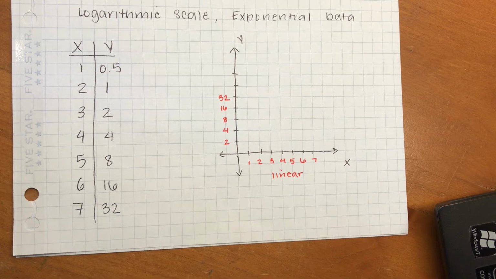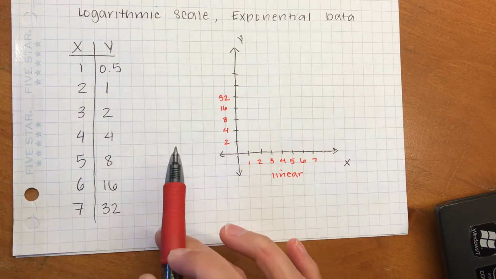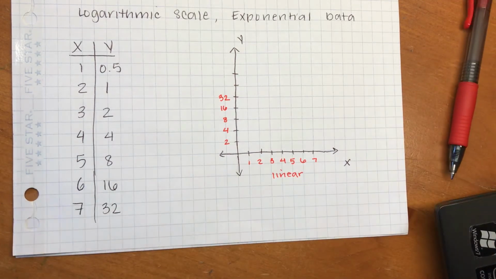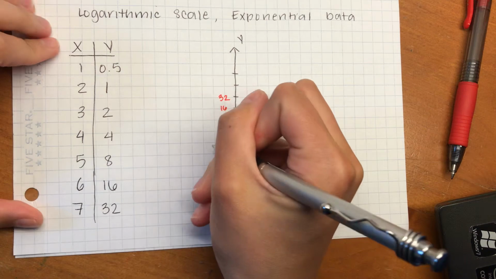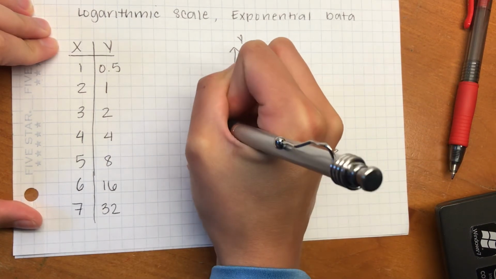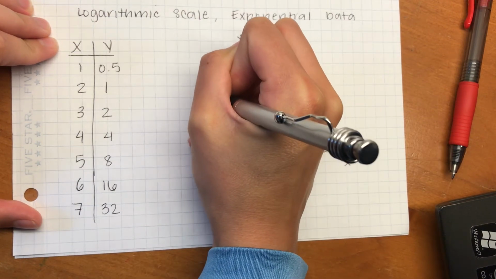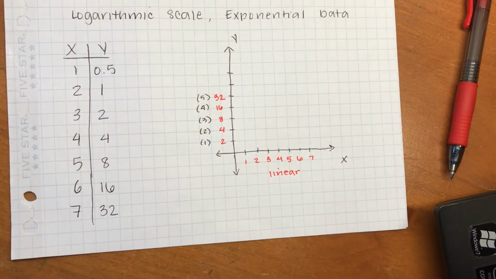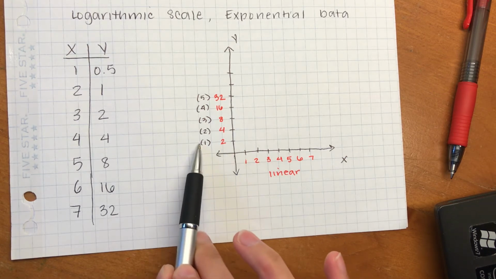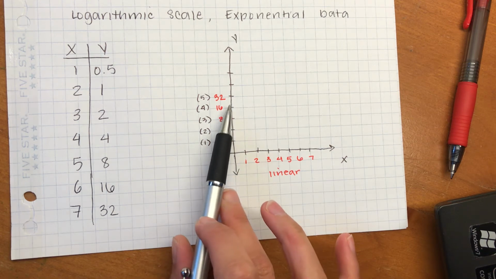If I went like that, then what's happened, instead of each of these values, which were originally 1, 2, 3, 4, and 5, now we have each line representing one of these exponential values of 2.